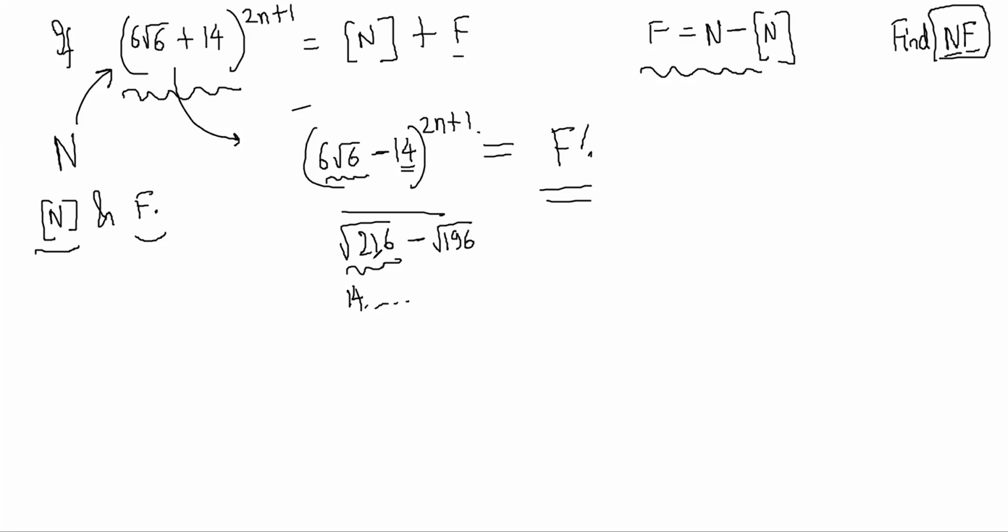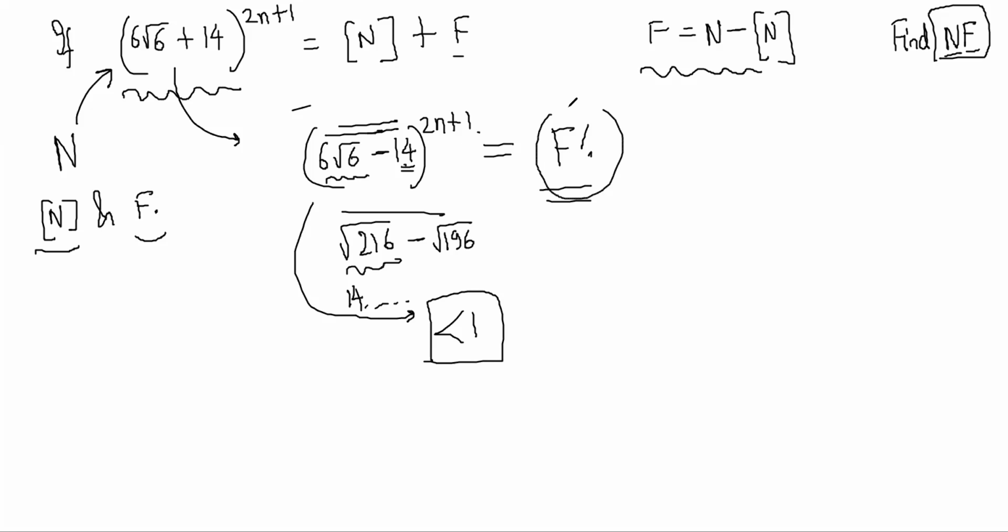So technically the value of this is less than 1, and its power 2n plus 1 will still be less than 1. So f dash is a fraction only. That's why I'm calling it f dash. It doesn't have to be f, it could be something else, but it is definitely a fraction.